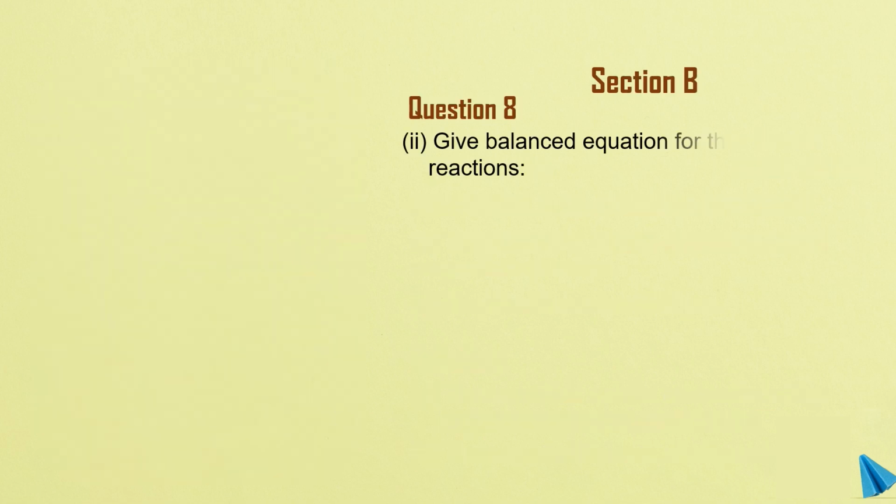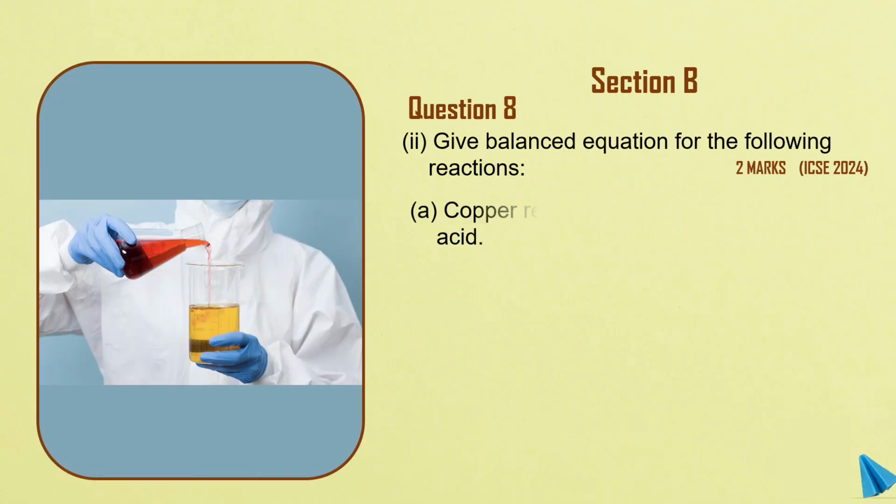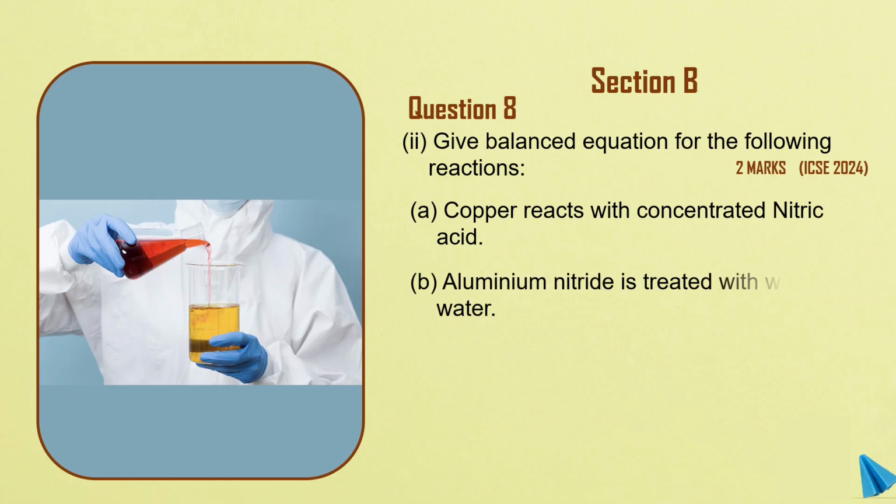The second question says give balanced equations for the following reactions. A. Copper reacts with concentrated nitric acid. B. Aluminium nitride is treated with warm water. Here is the solution.